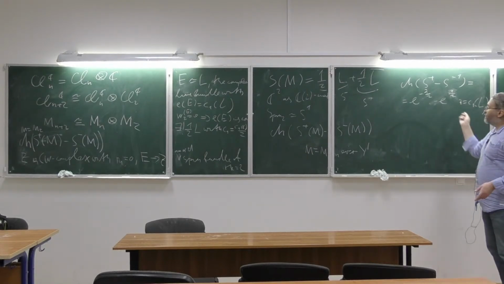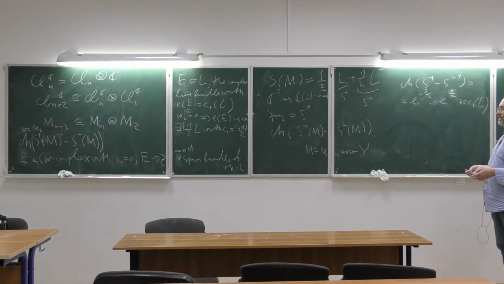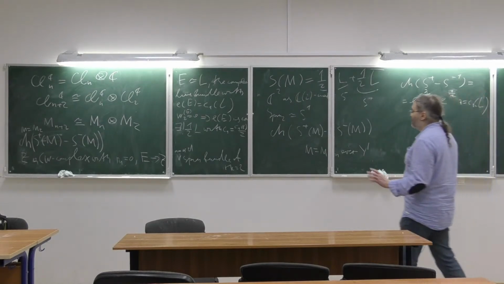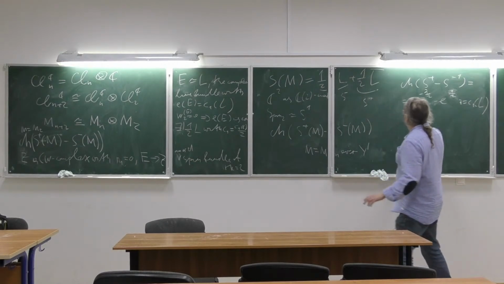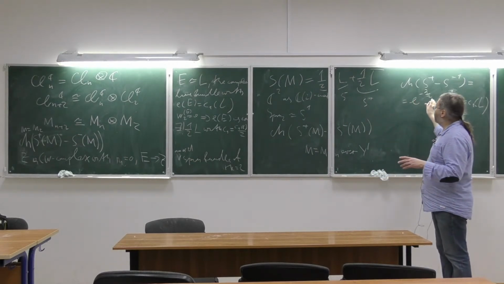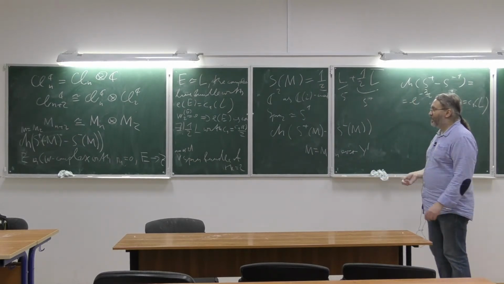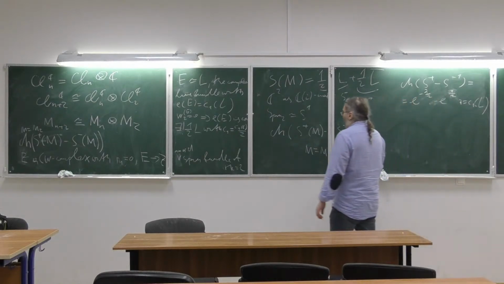Anyway, we have this formula. Okay. But what I wanted, well, at least let's write the answer. So for rank 2 bundles, we have this. Okay.